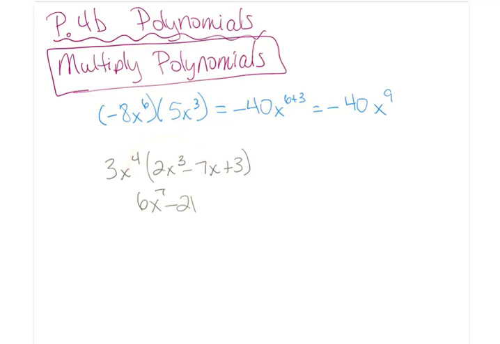X to the 4th times x is going to give me x to the 5th. Three times 3 is going to give me a positive 9. Then I got x to the 4th, and there isn't any other x's, so I'm just going to keep x to the 4th.